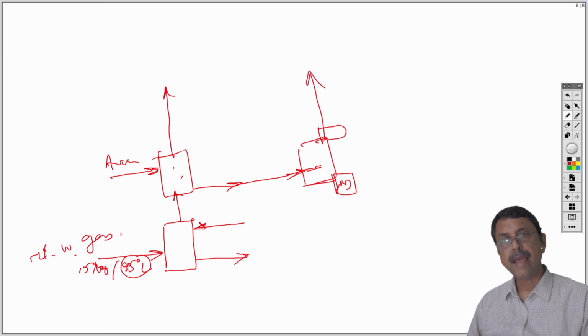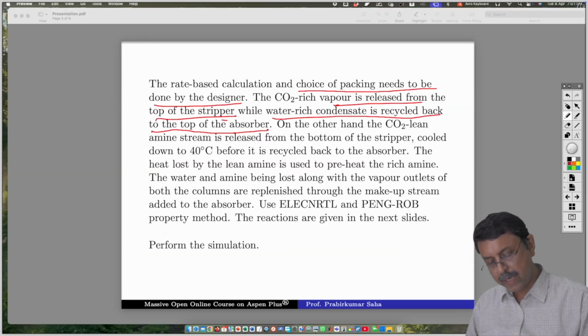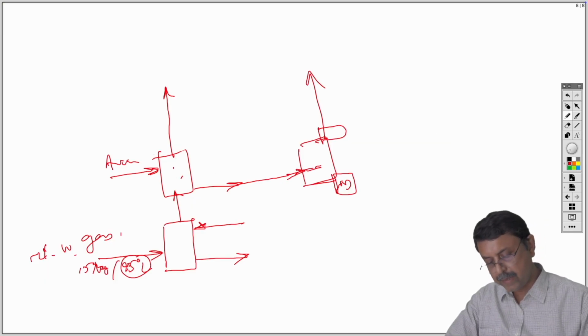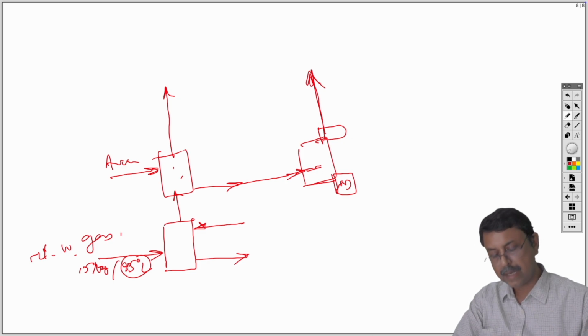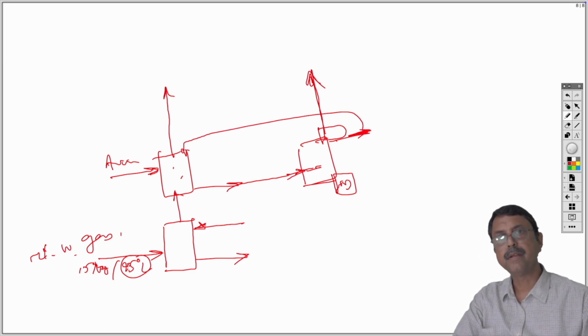As it is said that it has a partial vapor liquid condenser, there will be a vapor distillate and a liquid distillate as well. So we have two condensates over here. One is this one, the vapor distillate. Another will be a liquid distillate, which will be recycled back to the top of the absorber.